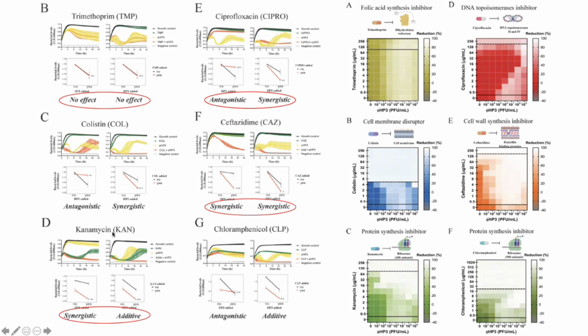With kanamycin, you sort of had synergistic and additive effects across the different dosages that they use. With Cipro, you have a similar effect as colistin. You have the antagonistic effect, and then you have a synergistic effect.